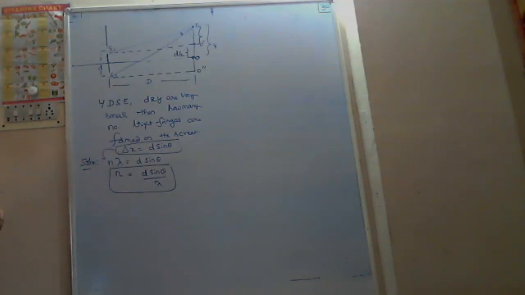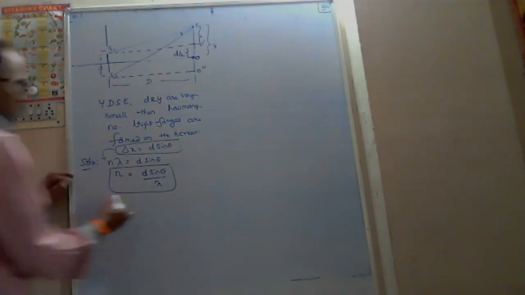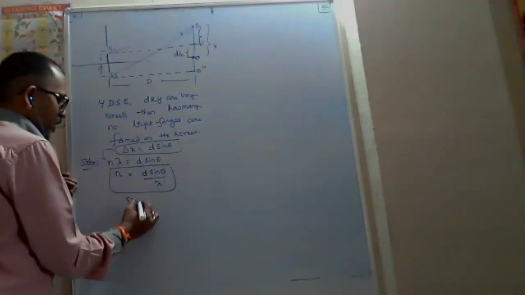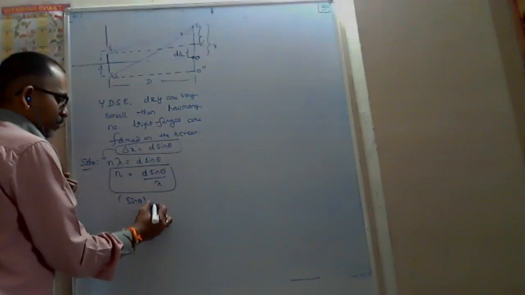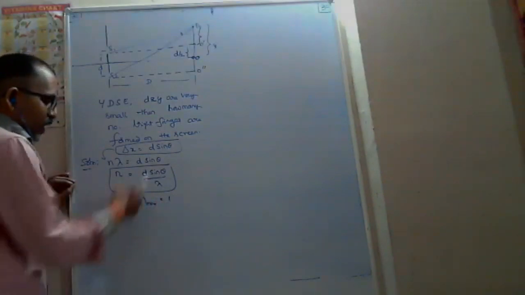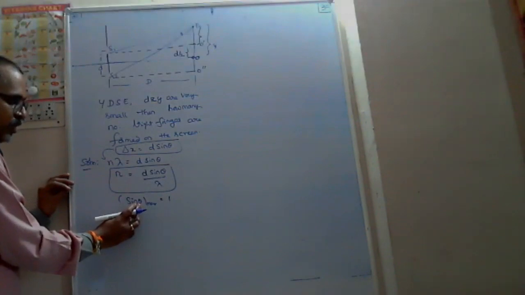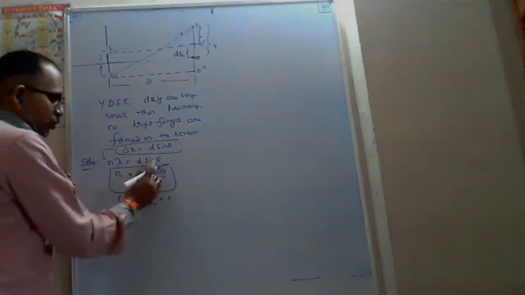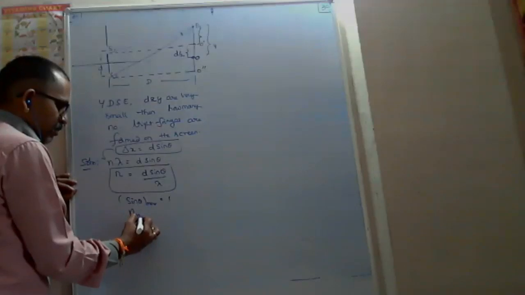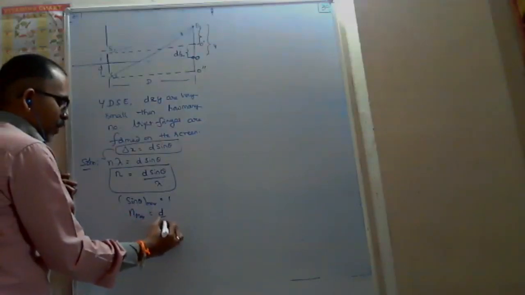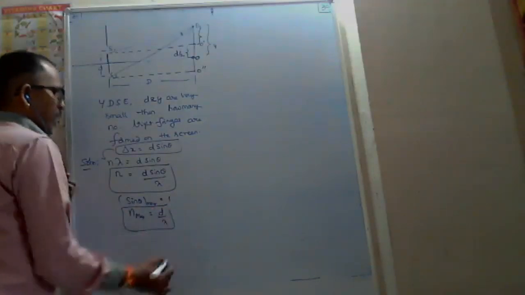Can I take theta as 90 degrees? So the maximum value of sin theta equals 1. Sin 90 equals 1, so n max is d by lambda. But keep in mind, it is not the answer.